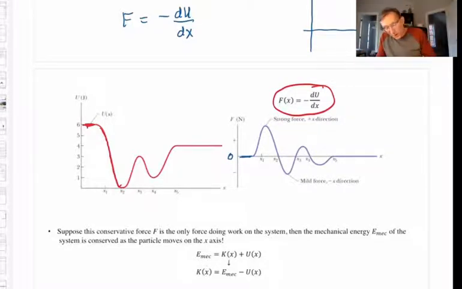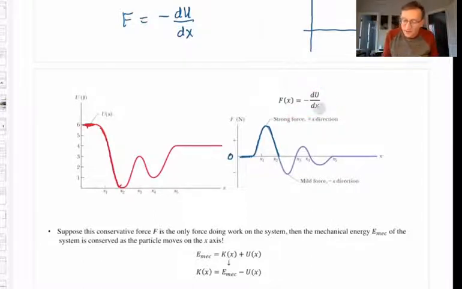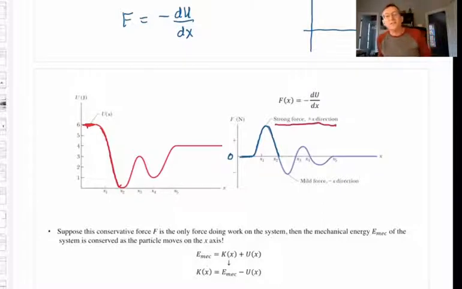And the slope of the tangent in there between x1 and x2 is changing some, so the force isn't constant, but it is positive. And so you get this region right here on the force curve, pretty large and positive. That means in this region of the x-axis, from a little bit to the left of x1 up until x2, we would have a large force in the plus x direction.